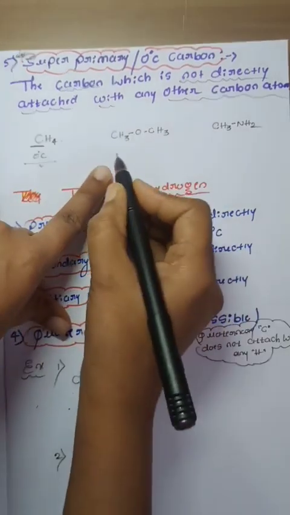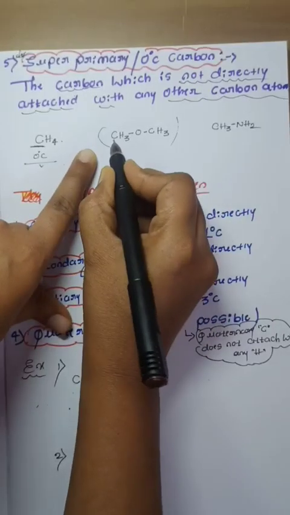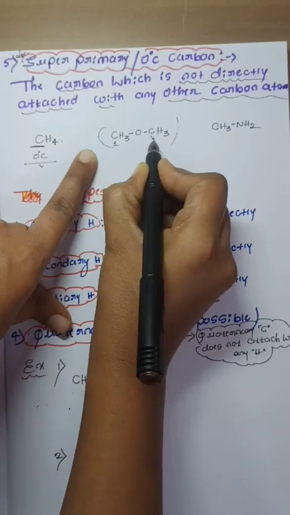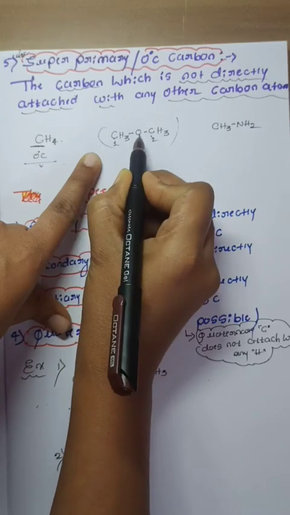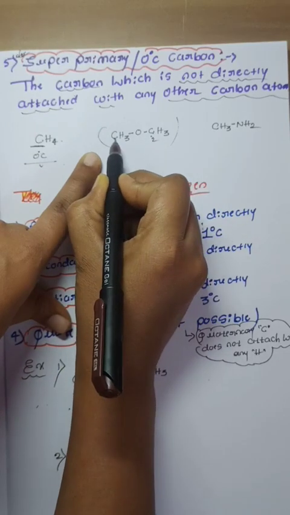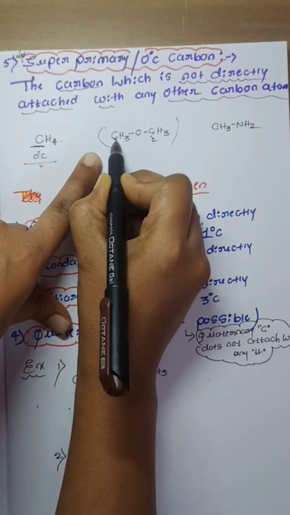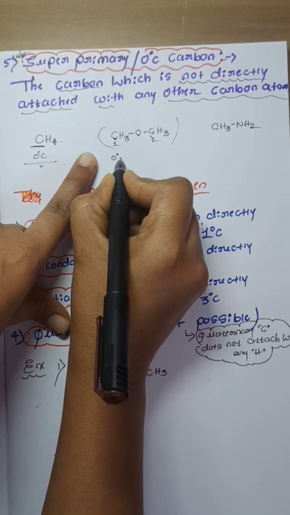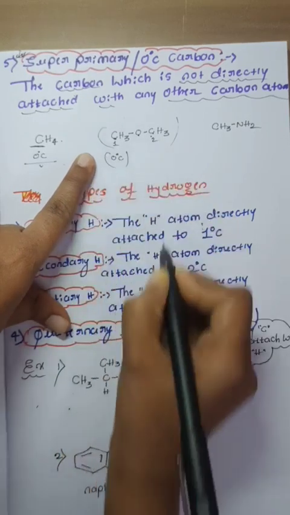Okay now. Here in this example, two carbon atoms are there, correct? Consider this the first carbon and this the second carbon. This carbon atom is not directly attached with another carbon atom. It is directly attached with oxygen, not a carbon. So this carbon we call 0 degree or super primary carbon atom.